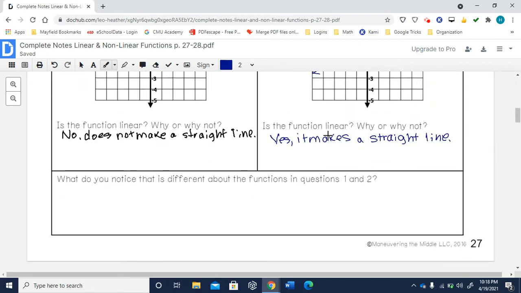So what do you notice is different? Is that the equation with the exponent, which is y equals x squared plus 1, is nonlinear.